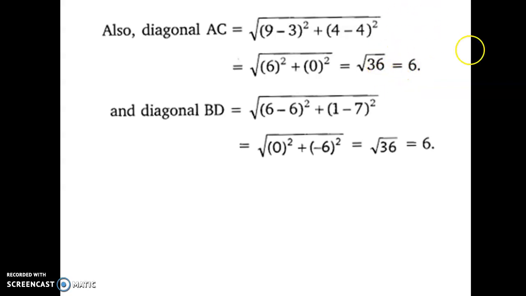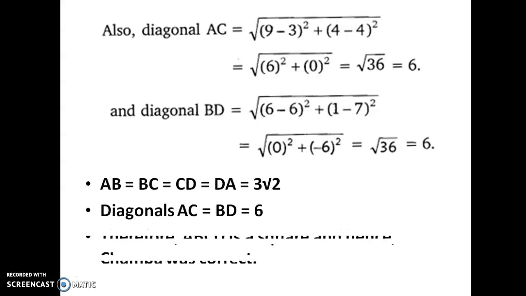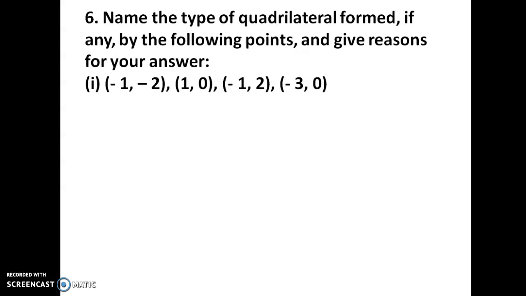So 6 and 1 are the D coordinates and 6 and 7 are the B coordinates. If you substitute, you find the distance is 6. So both the diagonals are equal. All 4 sides are equal and diagonals also equal, so we can say ABCD is a square. So Champa is correct.